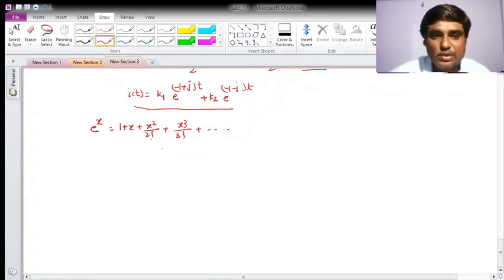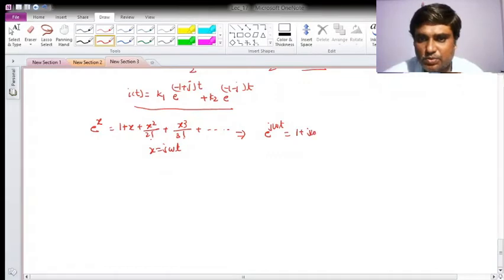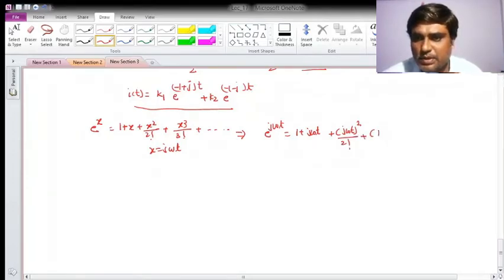Now here, what is x? x is my j omega t, so I can write e raised to j omega t as the series 1 plus j omega t plus (j omega t) squared upon 2 factorial plus (j omega t) cubed upon 3 factorial plus (j omega t) raised to 4 upon 4 factorial, like this.